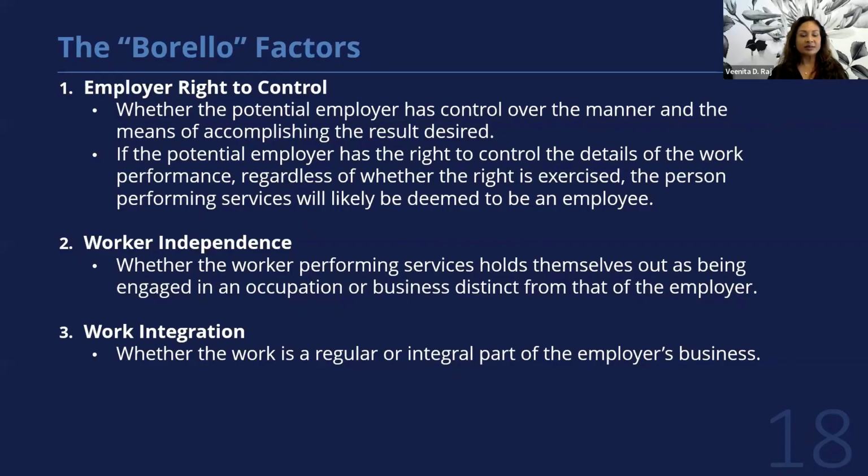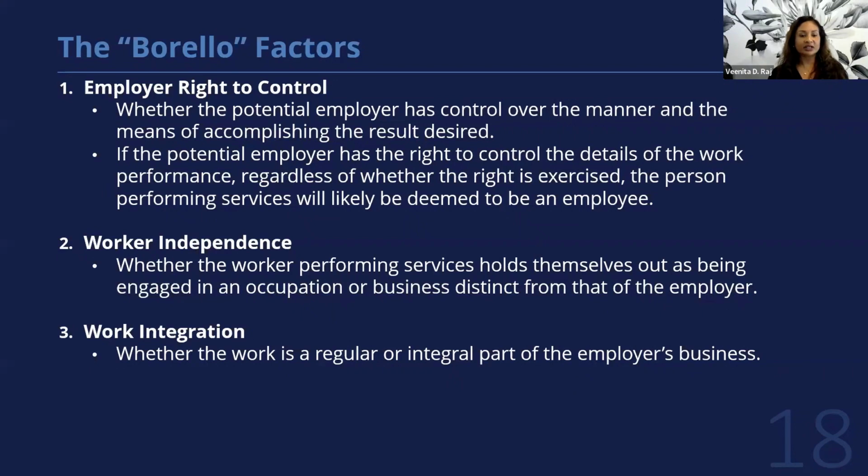And this basically turns on how significant the employer's control is on how the work is done. Also, if the potential employer has the right to control the details of the work performance, regardless of whether or not that right is exercised, the person performing the services will likely be deemed to be an employee.